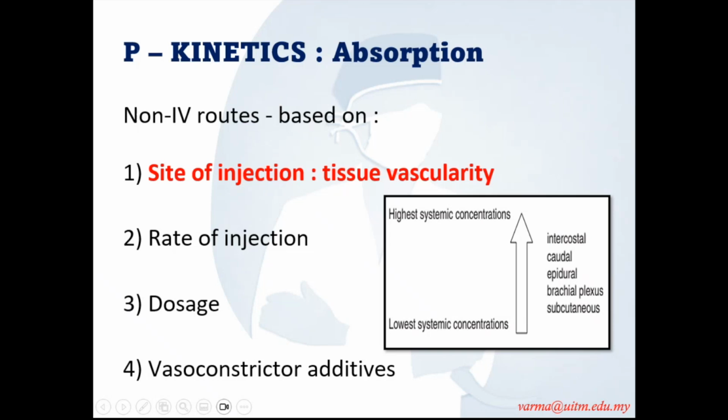Next, the rate of injection. Of course, if you are injecting very fast, it can seep through the membrane and reach the vessel. Dosage, that is why we calculate the dosage. And finally, the vasoconstrictor additive. That is why the local anesthetic doses differ with and without adrenaline.